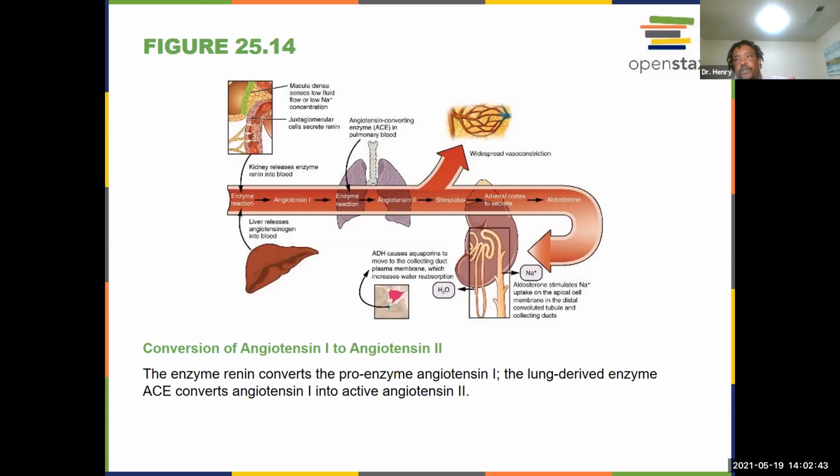The renin is going to cut it. Angiotensinogen is a pre-proenzyme, so it's going to be cut to angiotensin 1.